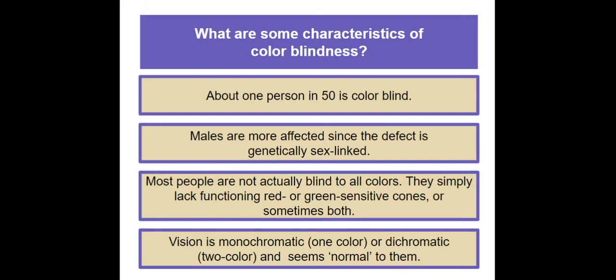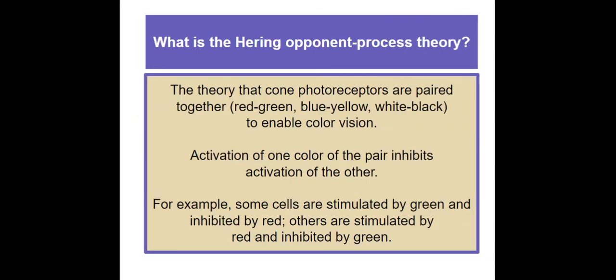All right, let's talk about the Hering opponent process theory. This theory is kind of like each little photoreceptor, each little cone, has a tug of war. You have a pair of receptors paired with another color: red and green, blue and yellow, white and black.